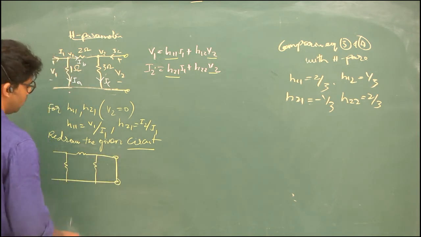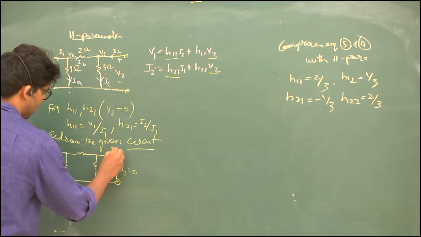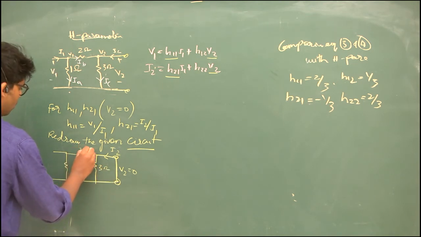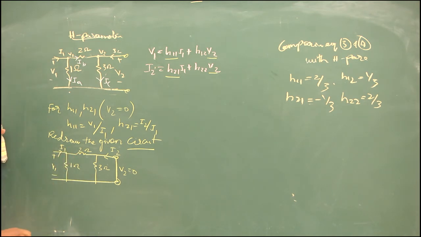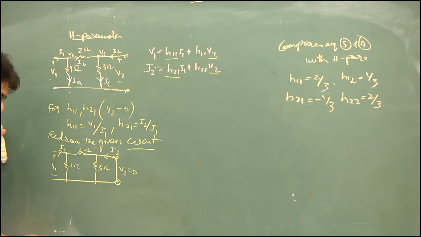We are shorting this V2, that is V2 is 0, but we will have a current I2 flowing, and this is 3 ohm, and this is 2 ohm, and this is 1 ohm. Guys, you may think this is difficult, but it is not difficult. If you are strong enough in basics, this is nothing.